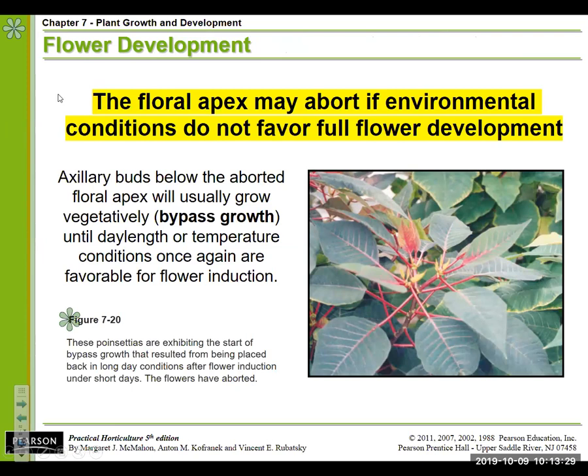So it'll keep them in vegetative growth until those conditions are favorable to allow the flowers to produce. So we have spikes in temperature that can cause something to remain vegetative instead of going to flowering.